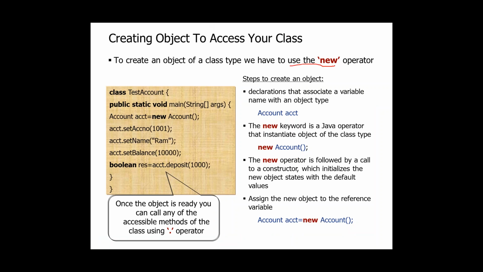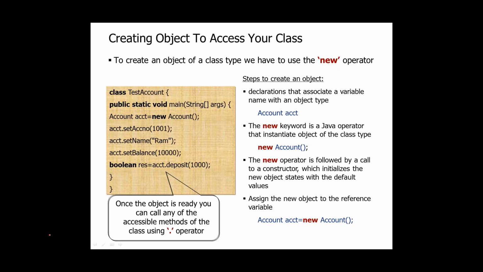In fact, new is an operator, used to create an object. So I have to say Account ac or whatever. This is the variable, and new Account is the object created. Then using that variable, that object handle, or object reference you can also say, you are calling the methods, or you can also refer to the instance variables if the scope is visible.